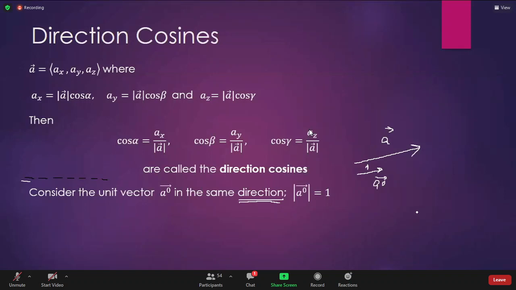But then the coordinates: if we divide by the length of the vector, the number of units inside that vector, we get a vector that many times shorter. We get the unit vector. So these are the coordinates of the unit vector. The unit vector has coordinates that are purely direction cosines.